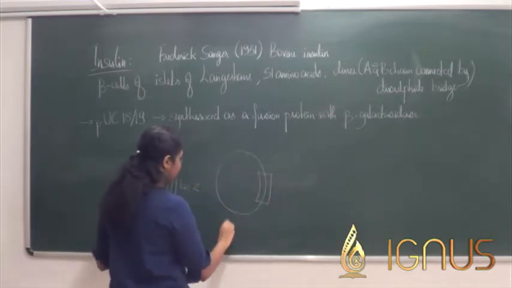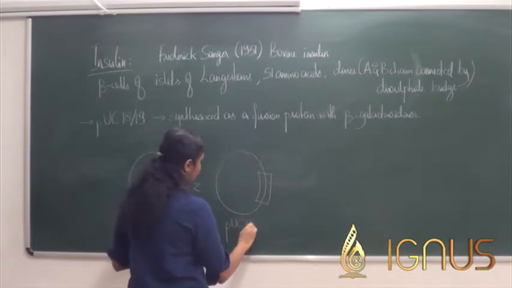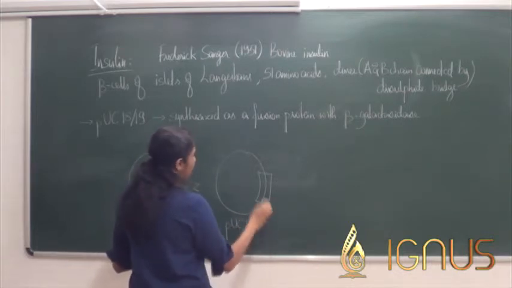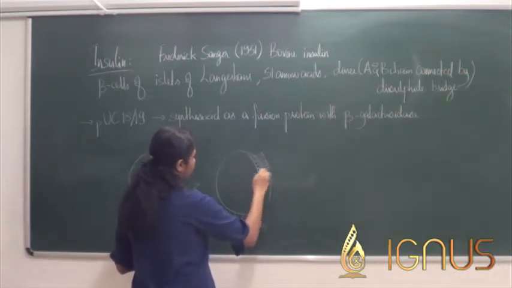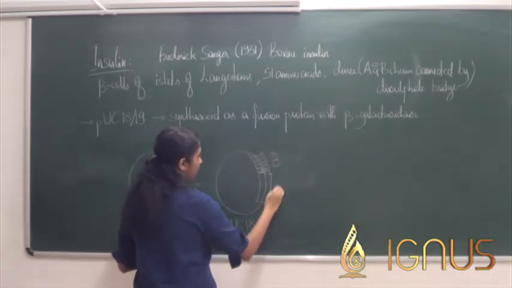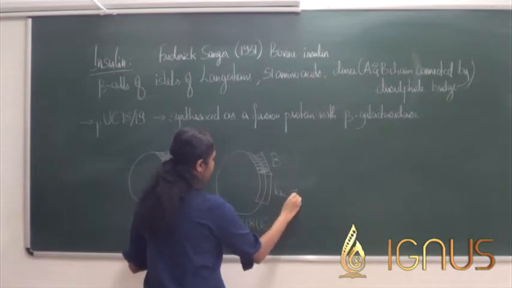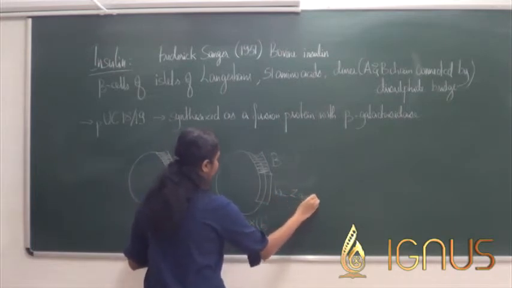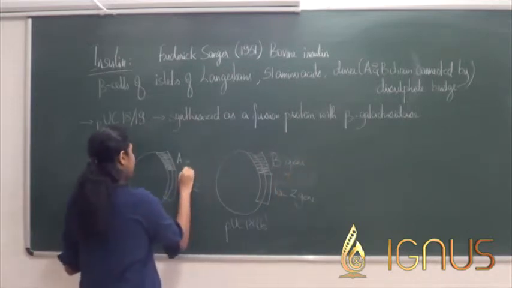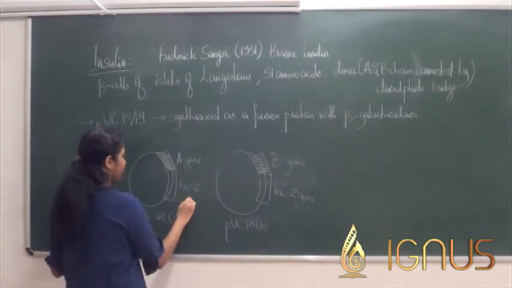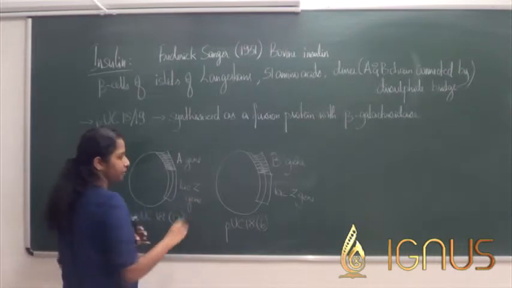So let's say that this is pUC18B, and this is attached to subunit B, and this will be the LacZ gene. So this is the B gene, this one is the A gene, and both of them have the LacZ gene.